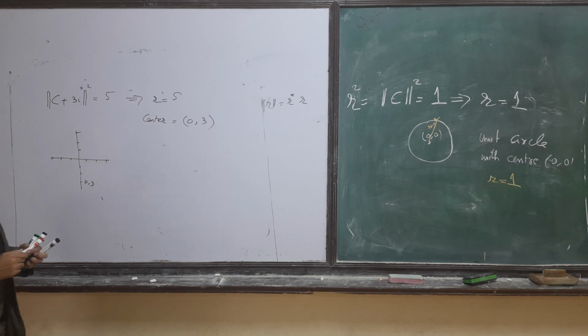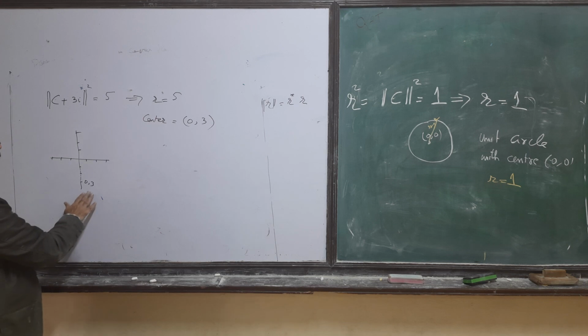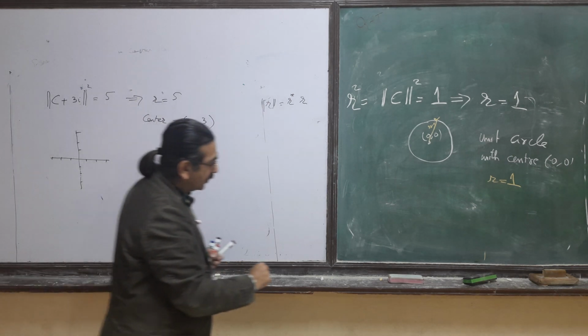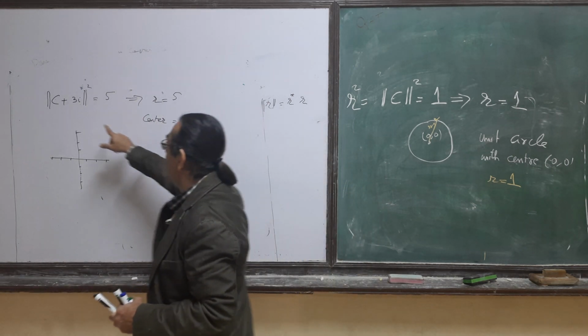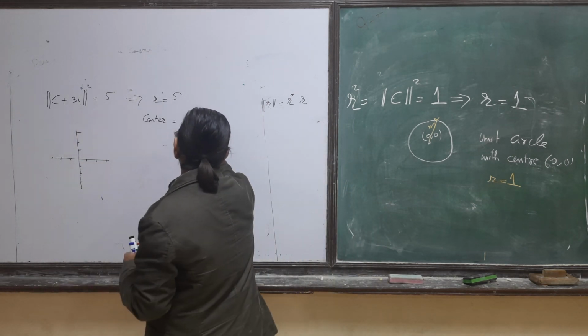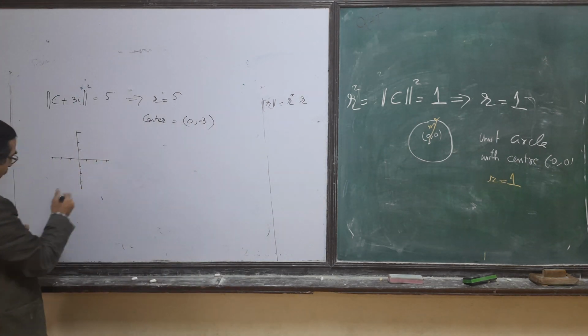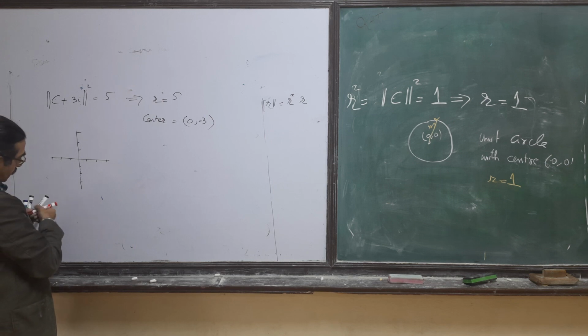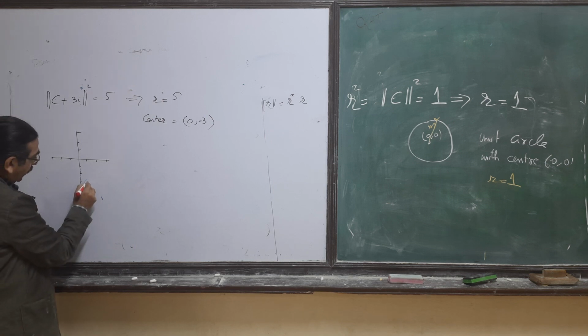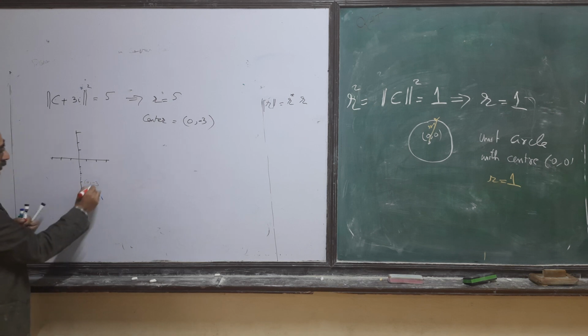No, sorry, 3i. I'm wrong. When it goes to the other side, this will be a minus 3. Okay, minus 3. Yes, you are right. So this point is 0, minus 3.